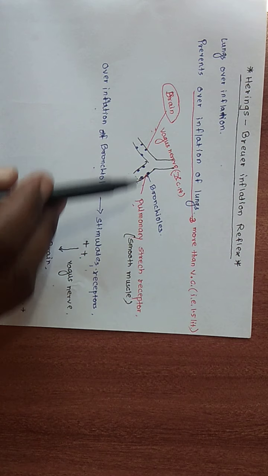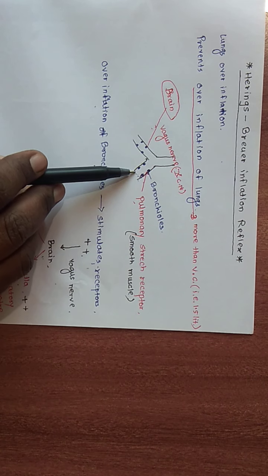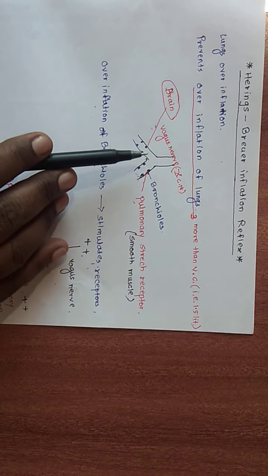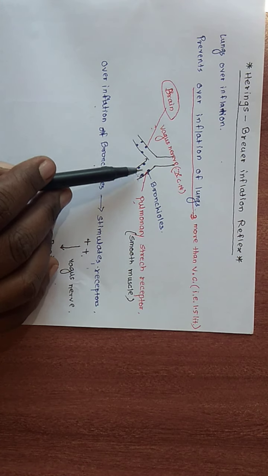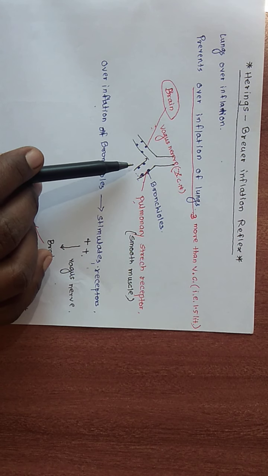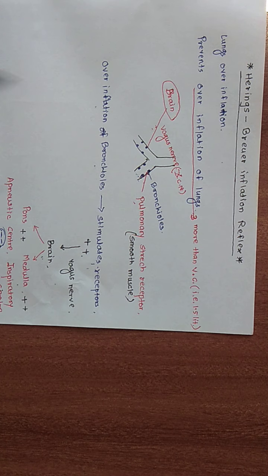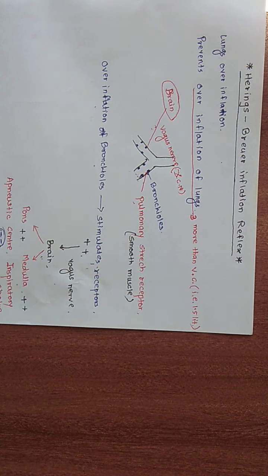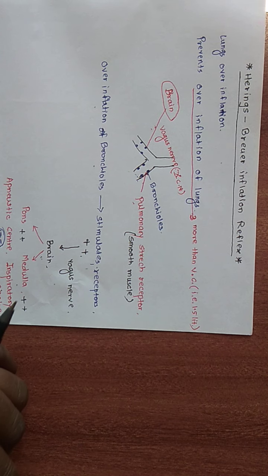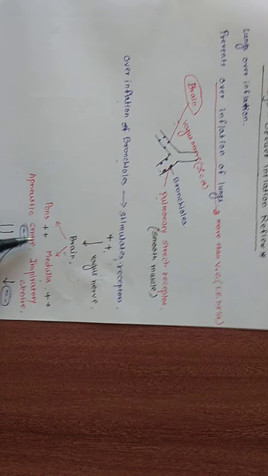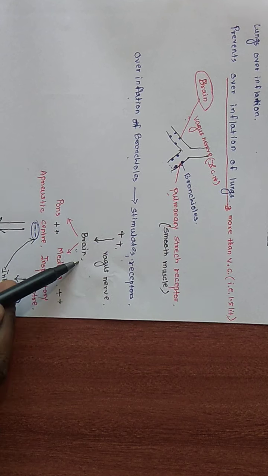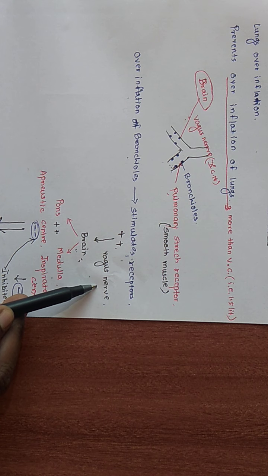So what happens? The pulmonary stretch receptors, which receive the stimulus, that means overinflation, get sensitized or activated, and that stimulus is carried towards the brain via the vagus nerve.